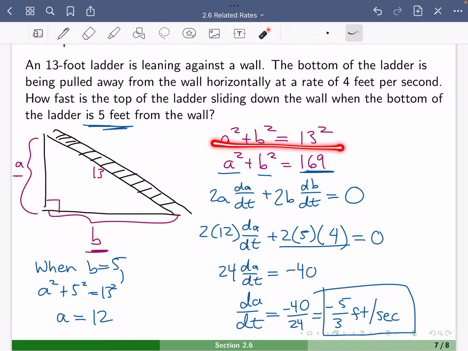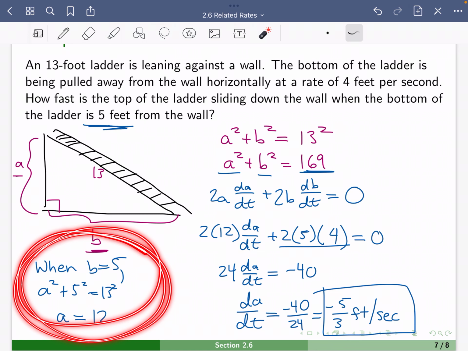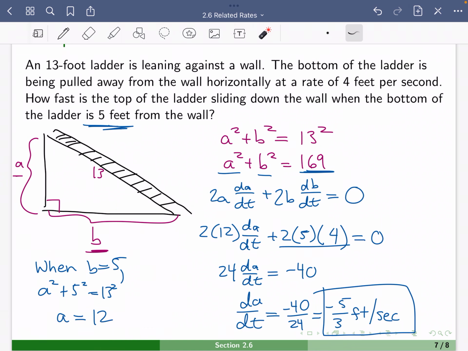We found an equation that related the variables. We took our derivative implicitly, and then we plugged in the known values. And we might have to find some of those values using that known information. We might have to solve for other values, so we solved for A.